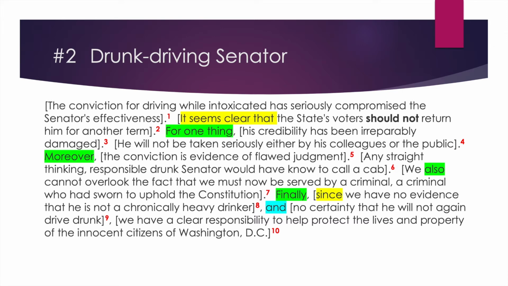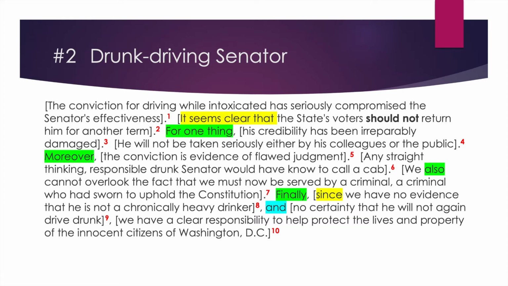Finally, since we have no evidence that he's not a chronically heavy drinker, we'll call that assertion 8, in other words, a separate piece of evidence, and no certainty that he will not again drive drunk, we'll call that assertion number 9. There's an implicit therefore here, doesn't say it exactly, but we know we're drawing this conclusion from the previously stated evidence, right?